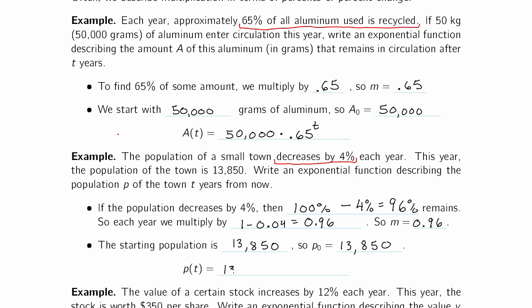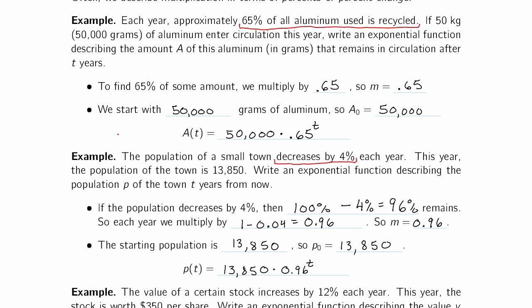Our function is 13,850 times 0.96 to the T. Okay, so the key phrasing here was the population decreases by 4%, as opposed to 65% is recycled, 65% stays.